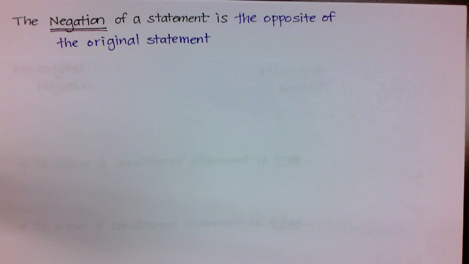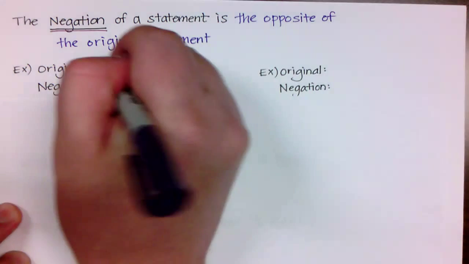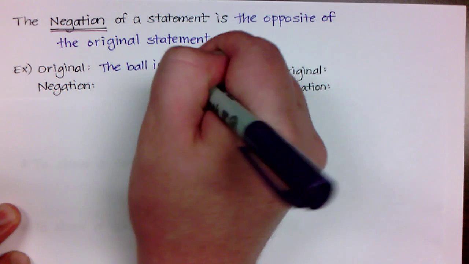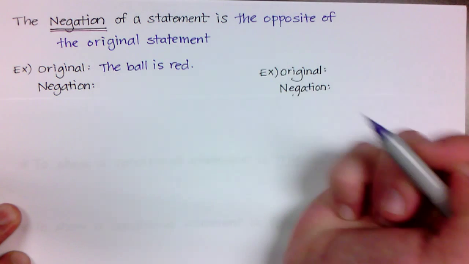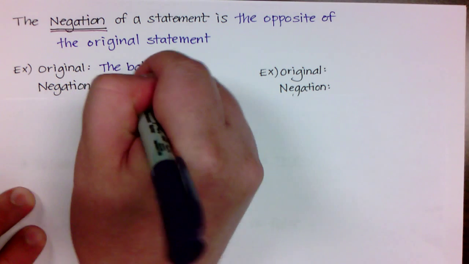Okay, so for instance, if my original statement is the ball is red, then the opposite of the statement, the negation, is the ball is not red.